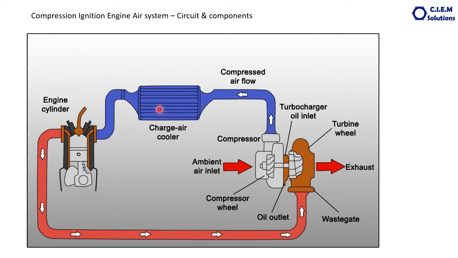So whatever heat is being carried by the air inside the tubes will be dissipated through this external air. Again there is piping, then there are the valves, the inlet valve. Through this inlet valve the air enters the cylinder.